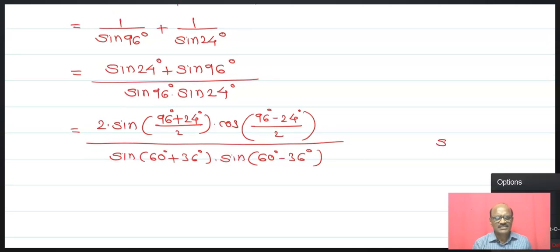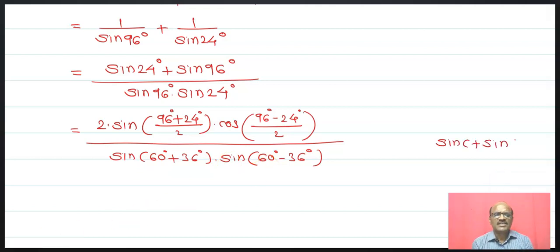See, this is the very important step, and you have to remember this step. That is sine of 96. 96 means 60 plus 36. 24 means 60 minus 36. This is the common point. 60 is a common point for these two.